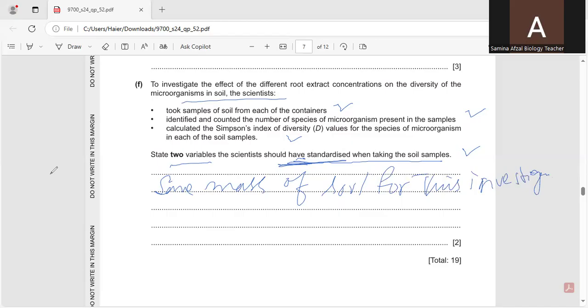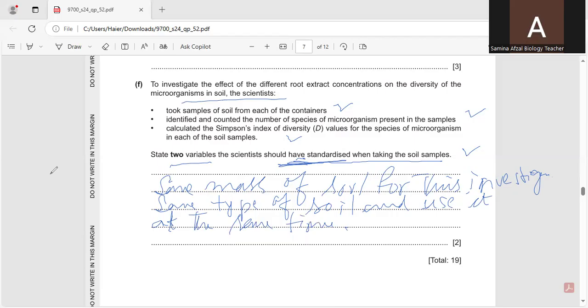And secondly, the same type of soil, and used at the same time, because there can be a change in the soil type due to some reasons, due to addition of water, due to less water, due to introduction of some insects into it, or soil insects, or bacteria.